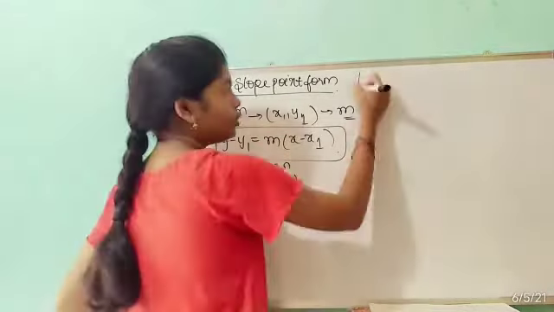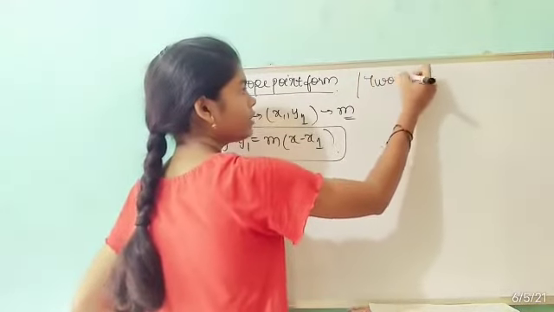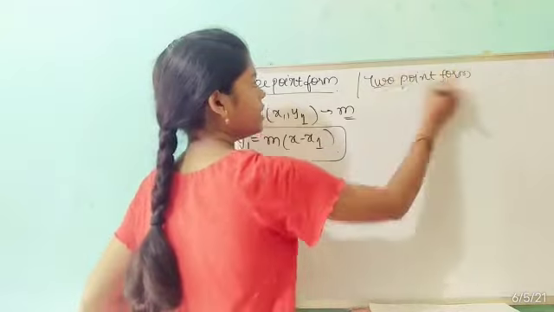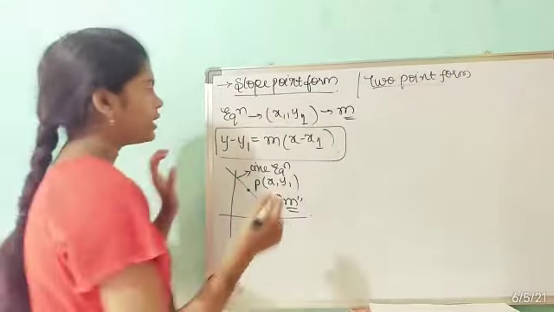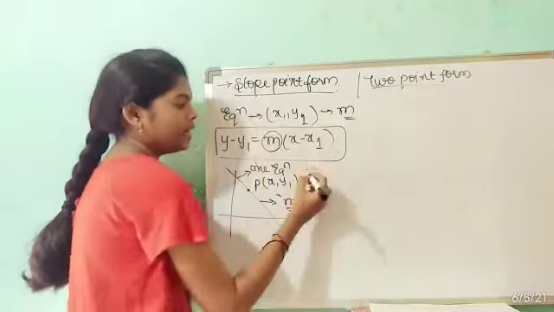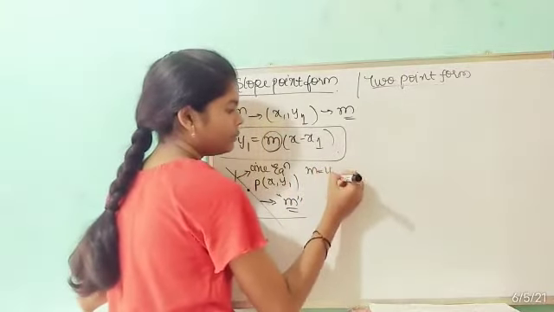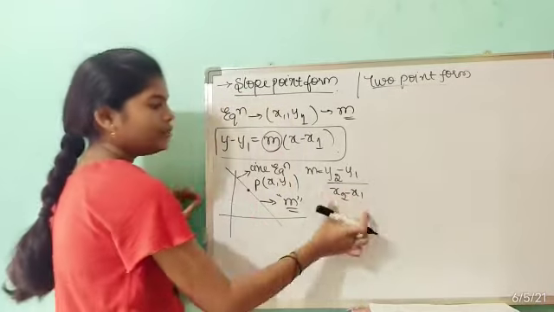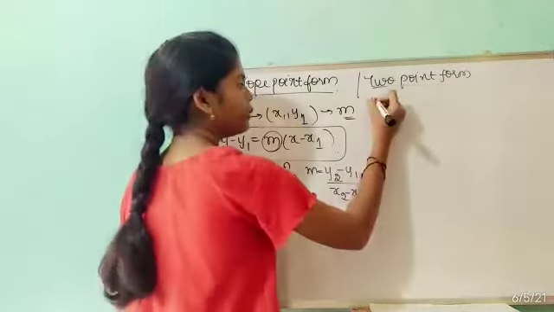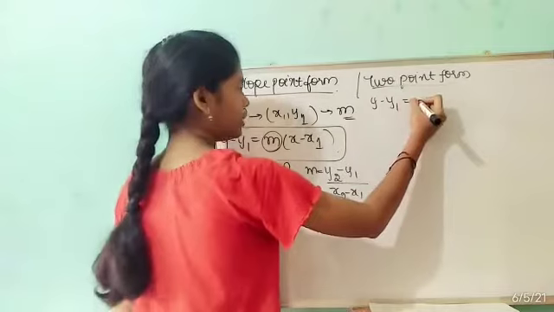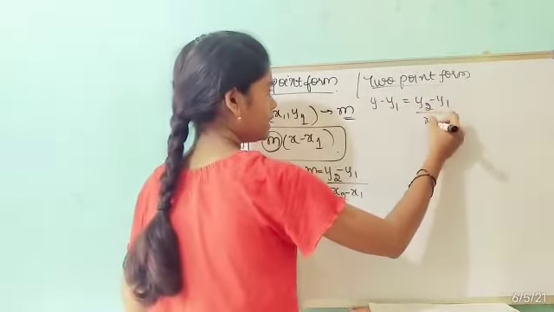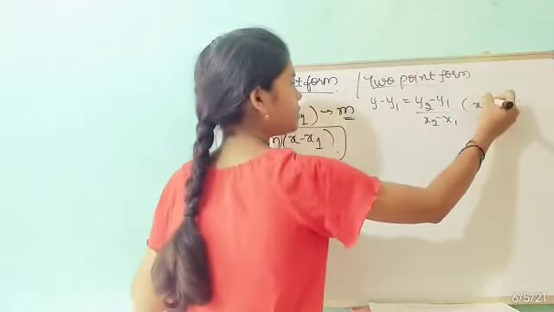You can see the 2-point form as well. The 2-point form is nothing but substituting the m value. We already know the slope is y2 minus y1 by x2 minus x1. If you substitute this m here, what will we get? y minus y1 is equal to y2 minus y1 by x2 minus x1 into x minus x1.